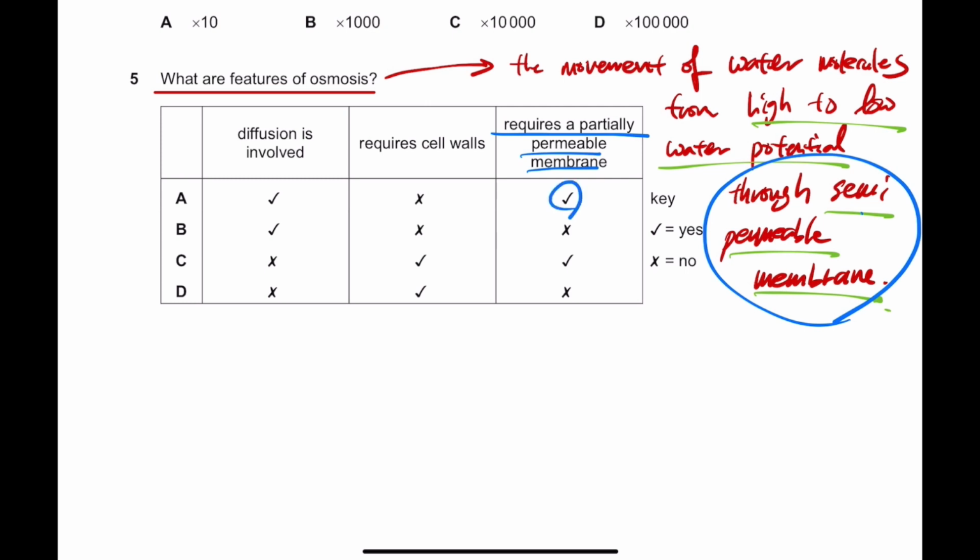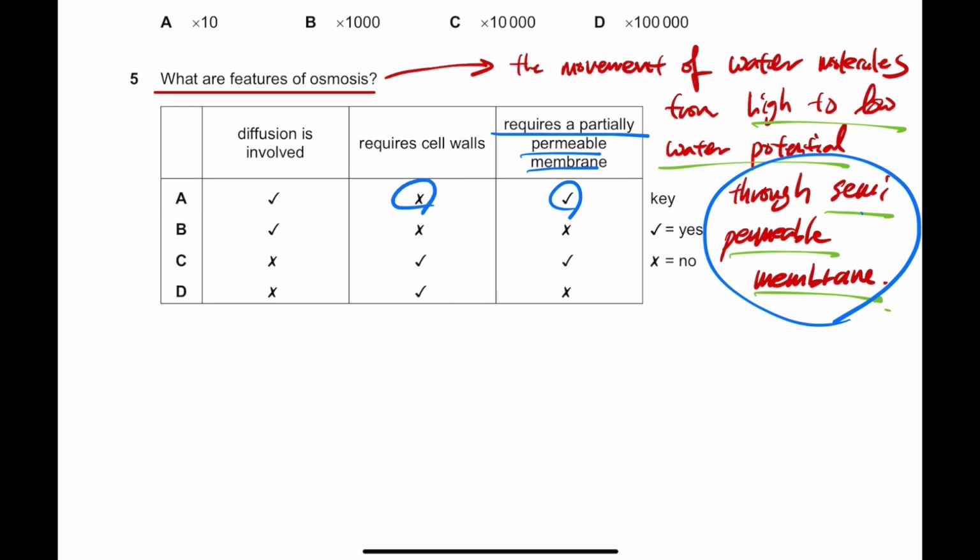So it's either A or C. Does it require cell walls? No, cell walls are only there to prevent the cells from bursting. It has nothing to do with controlling the movement of particles, like water molecules. So, nope. Hence, the answer is A.